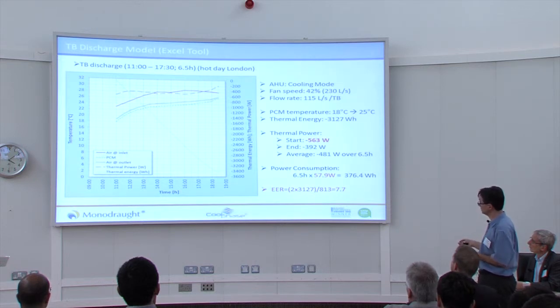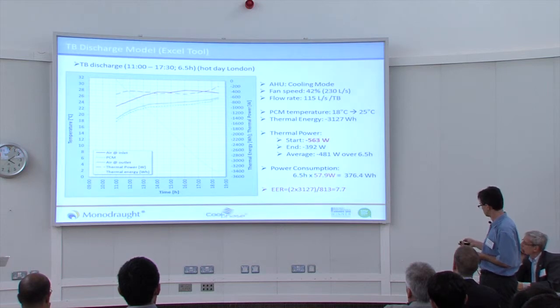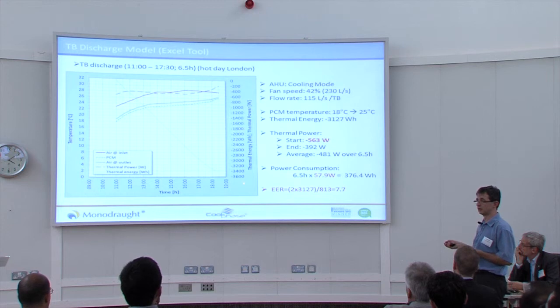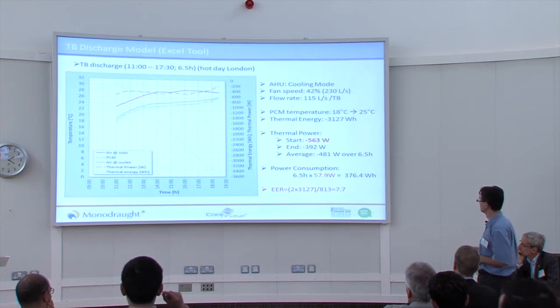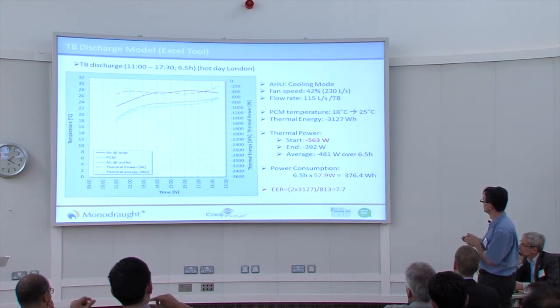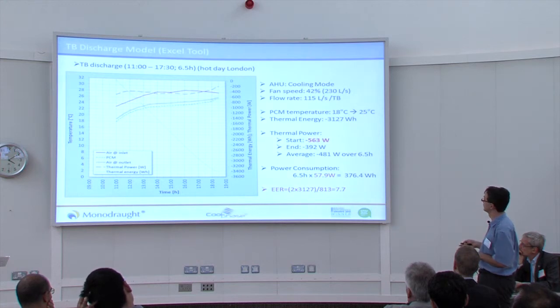Okay, now we know the thermal energy, and we know how much energy we consume, and if we simply divide them, we can get the energy efficiency ratio of the system, which, for those familiar with this topic, is fairly high. For the new system, this figure would be even higher because we consume less energy with the smaller fan.